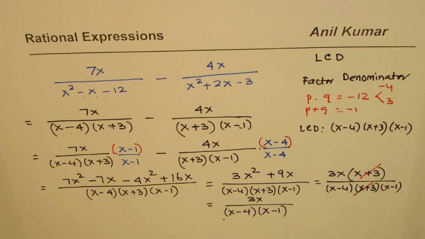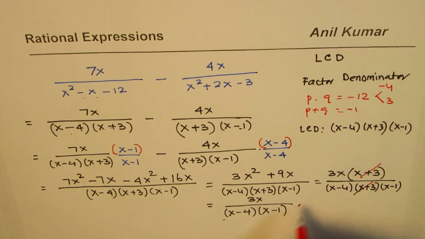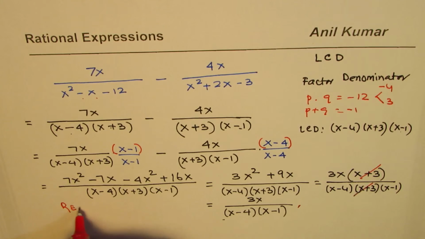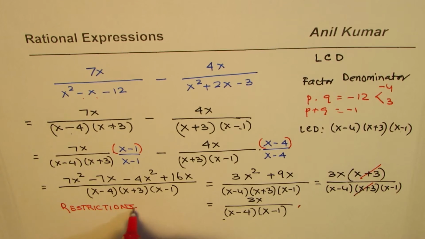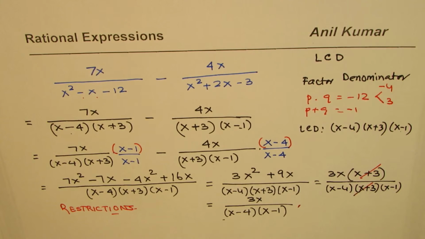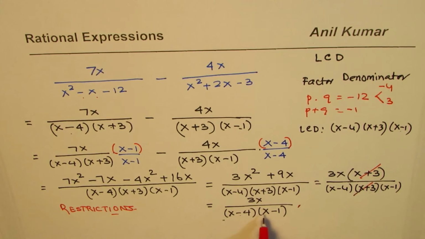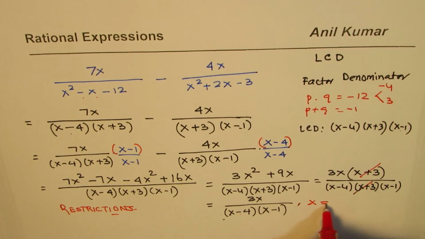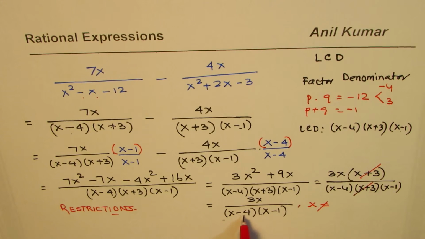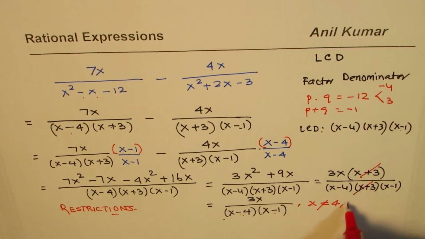Now here is one more very important aspect, and that is, let me write here, restrictions. Whenever you're working with rational expressions, you should write restrictions. The denominator cannot be 0. So you will write x is not equal to, what makes it 0? 4 and 1? Okay, 4 and 1. Have I missed something?